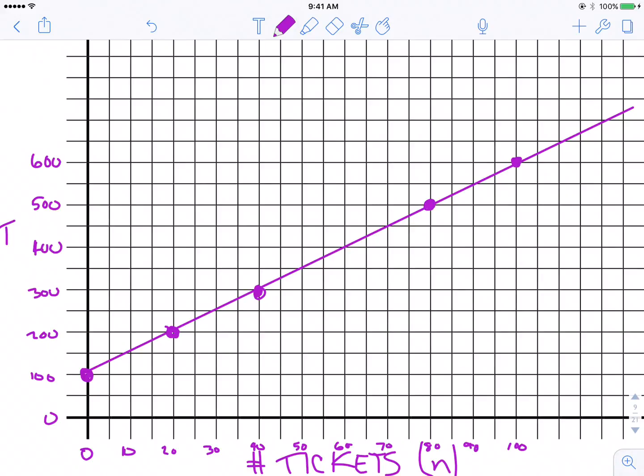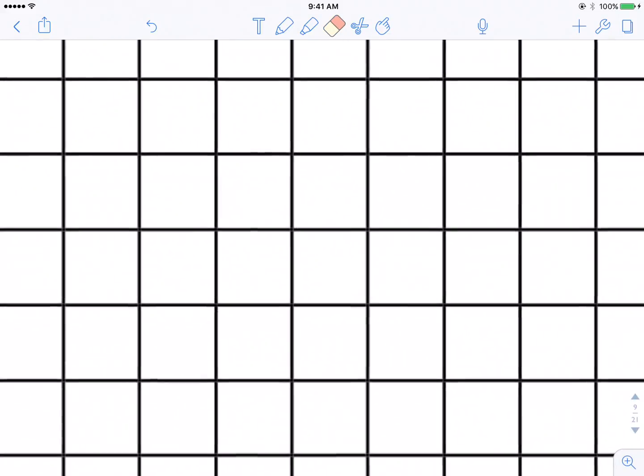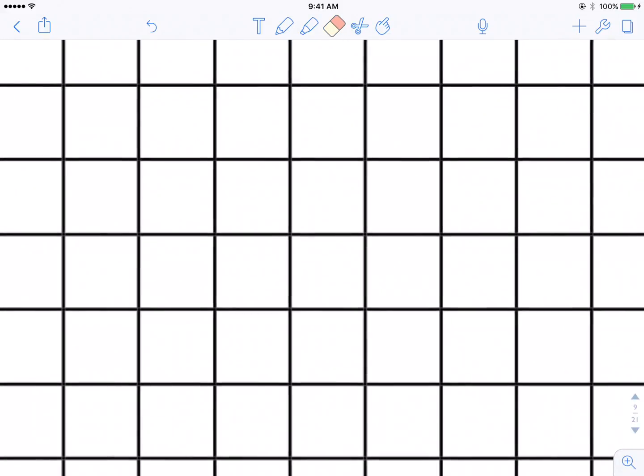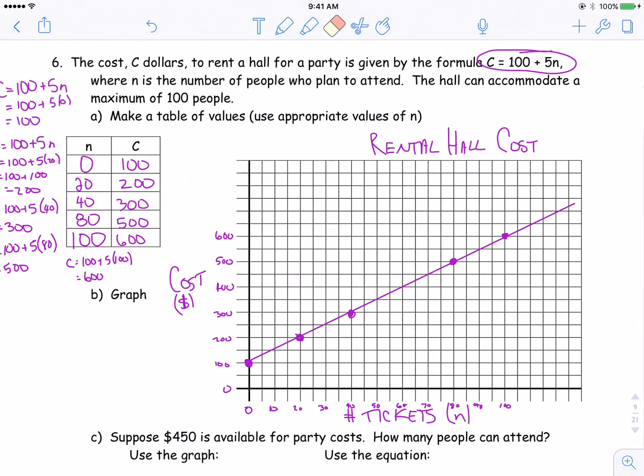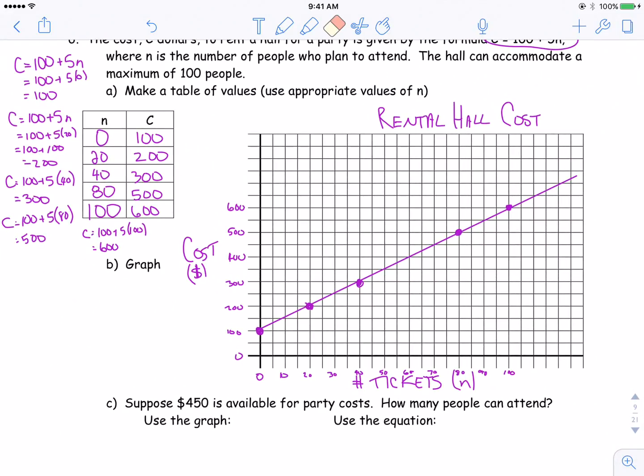But really, if I had a big enough scale, if I could blow this up huge and see lots of detail, then I would just see dots that form my line like this. All right, so just so you are still aware of that, it's called discrete and non-discrete data. So there's my grid, there's my graph.